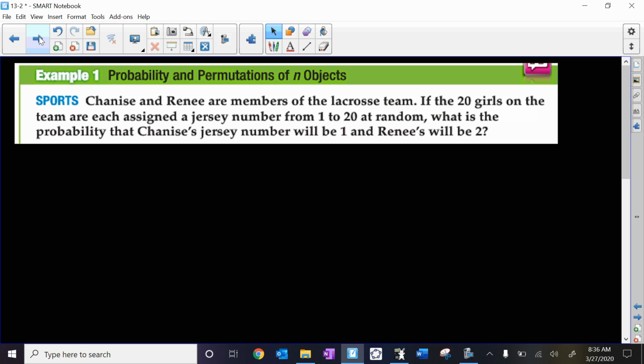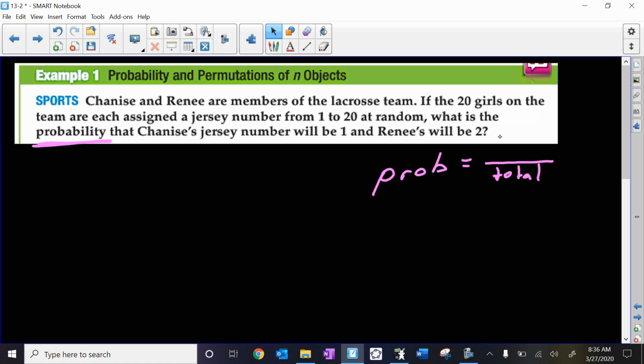One other thing that we need to talk about that your book kind of brushes over. Probability is a number that is going to be between 0 and 1. So it's a percentage, a decimal, or a fraction. It's not bigger than 1, and not less than 0. To calculate probability, we want a number on top and a number on bottom. On the bottom, we want our total possible outcomes, our entire sample space.